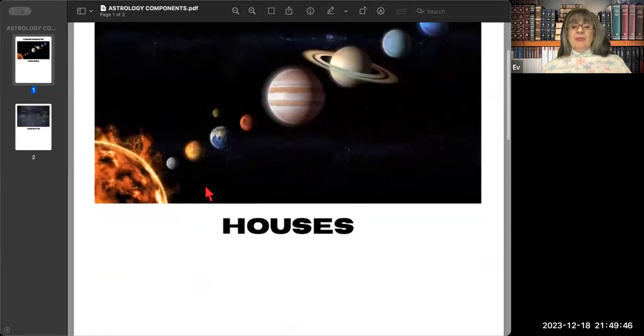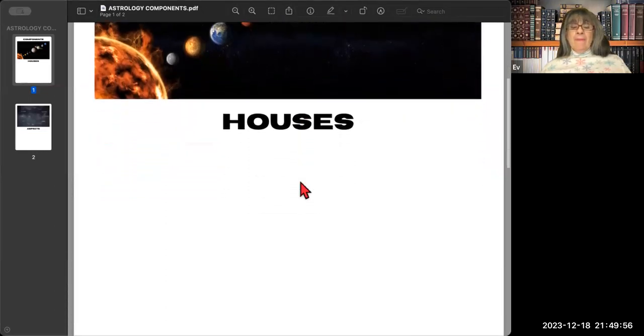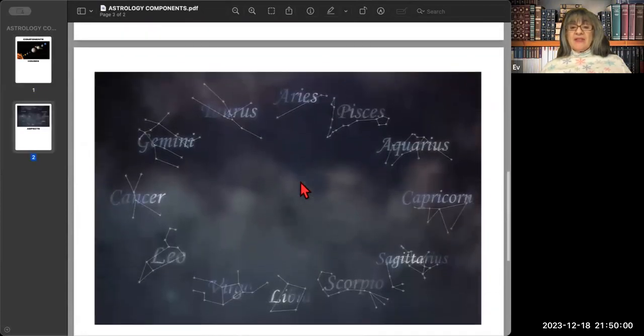The next component are the houses. Houses are nothing more than the divisions of the chart, and there's 12 of them. And then we look at the signs. Well, this is the sky, and these are the stars, constellations in the sky, in the real sky.